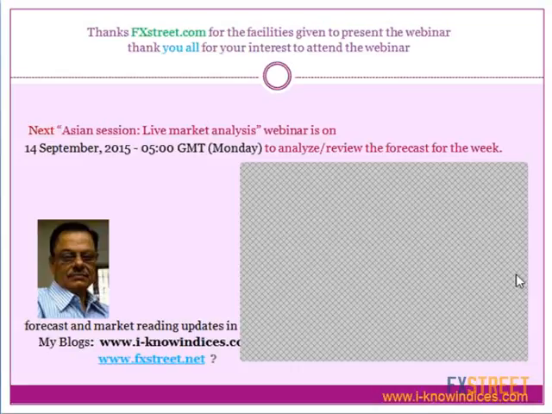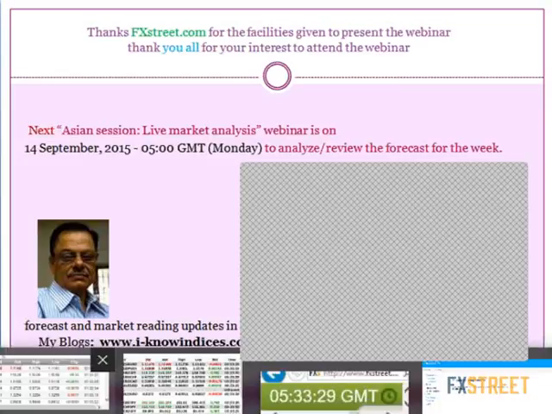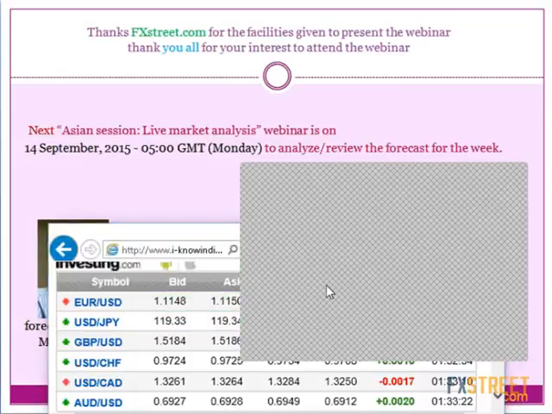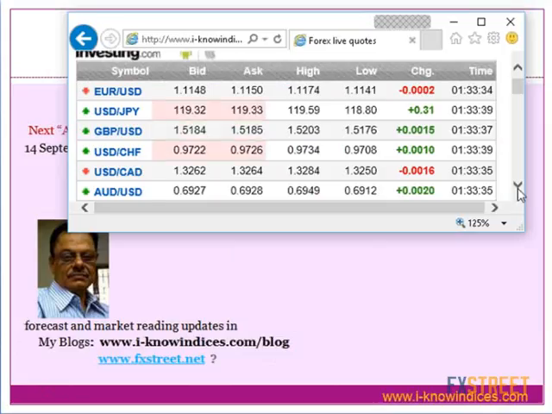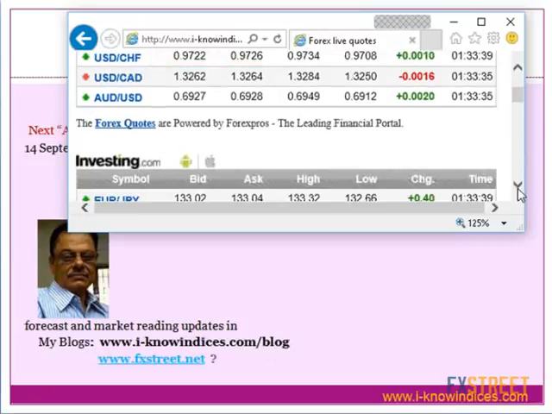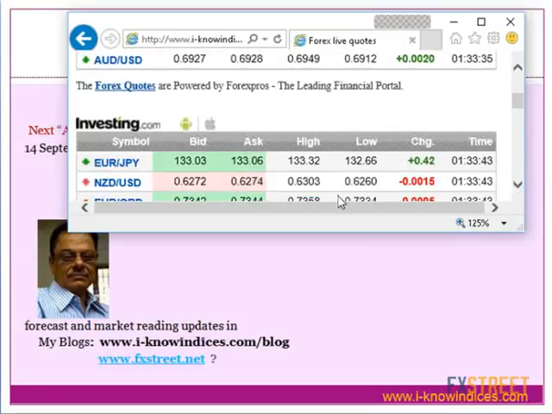Then, may you please comment on the trend of the New Zealand dollar? The New Zealand dollar is also expected to come down along with that of the euro and then reverse. So I do not want to comment on the levels as far as the New Zealand dollar is concerned. Currently it has come to the 62 level.